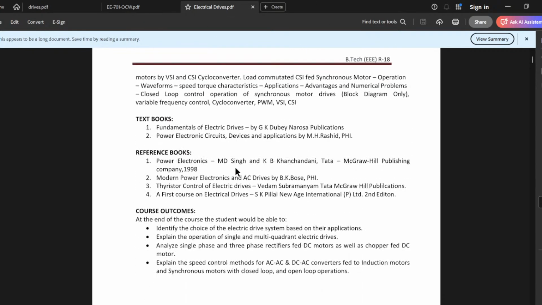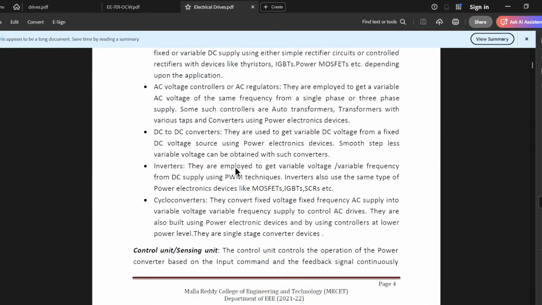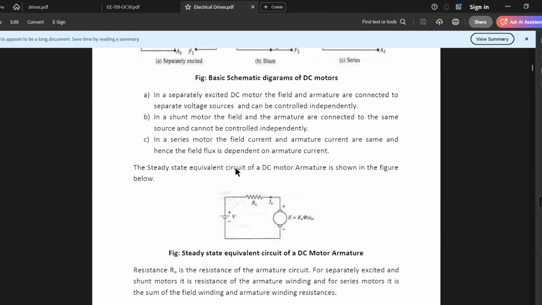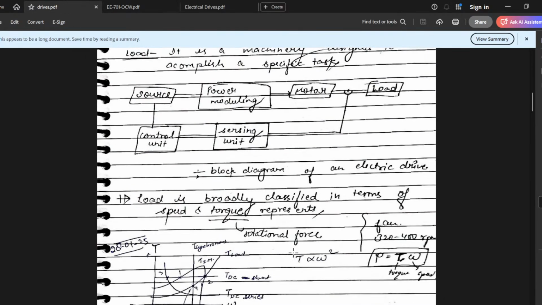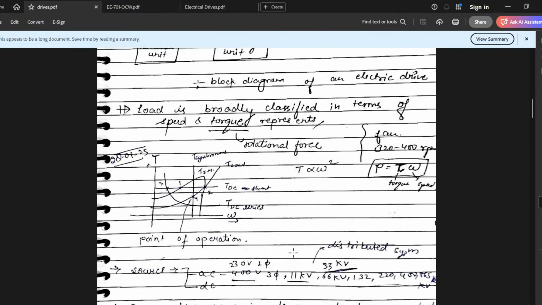And here we have also the same thing. Hmm. Okay, it gets deep into the review of DC motors, and I've forgotten my notes.